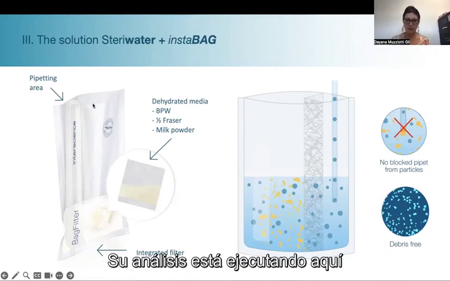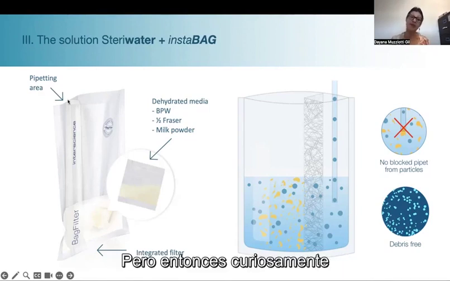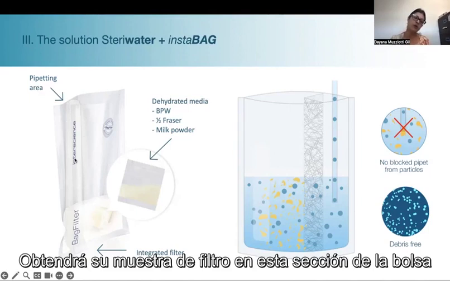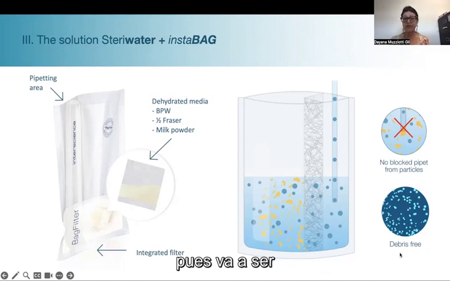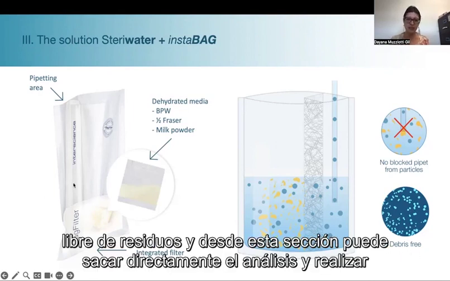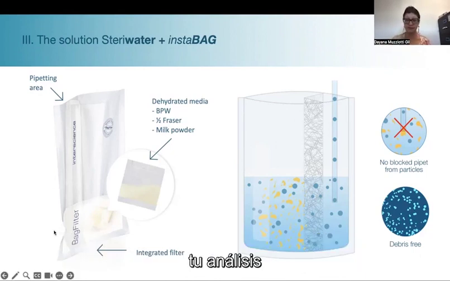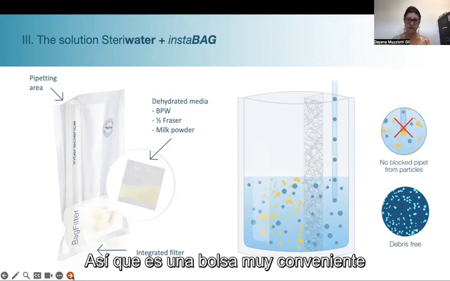You are running your analysis right here, but then interestingly, you are going to get your filtered sample on this section of the bag. So it is going to be debris free. And from this section, you can directly take an aliquot and perform your analysis. So it's a very convenient bag.